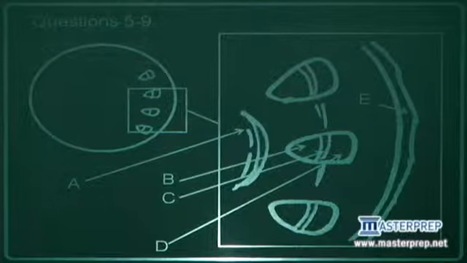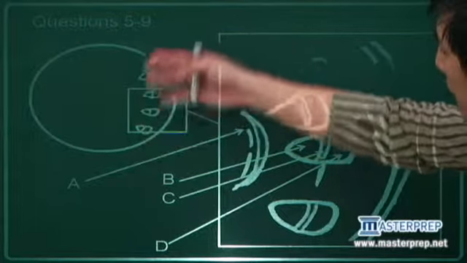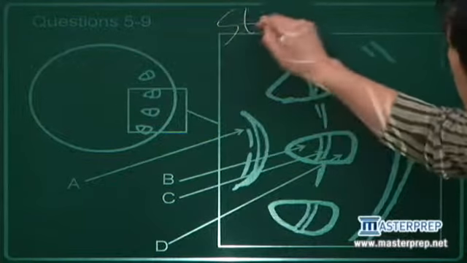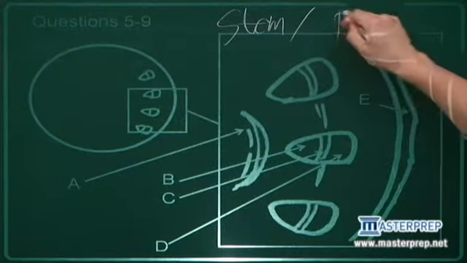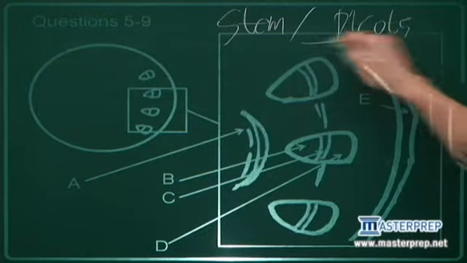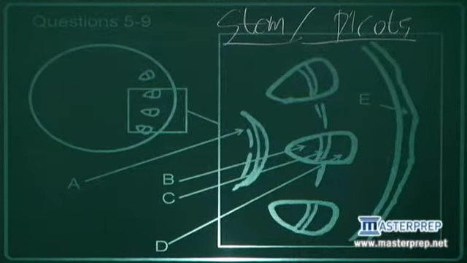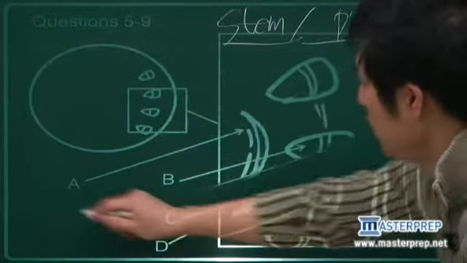All right, questions 5 to 9. This is a cross-section of the plants, right? So we know this is a stem of dicots, right? Stem of dicots. Okay, stem and dicot because we see ring structure, right?